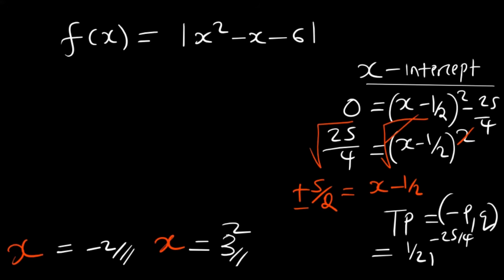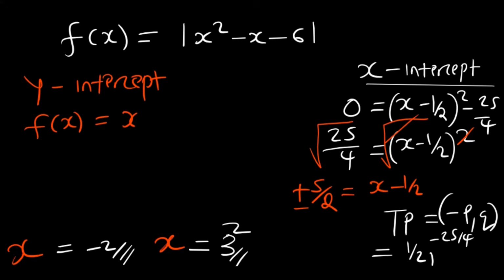Okay, then we're now supposed to find the y-intercept. On the y-intercept we know that x is equals to 0. So in this case f of x is equals to, we're going to get the whole equation x squared minus x minus 6. So wherever there is x, we're putting 0. 0 minus 6. So it's just going to be negative 6.